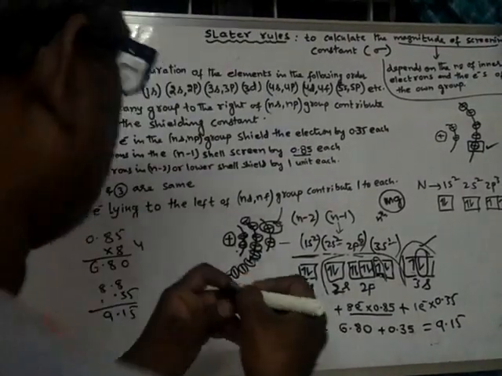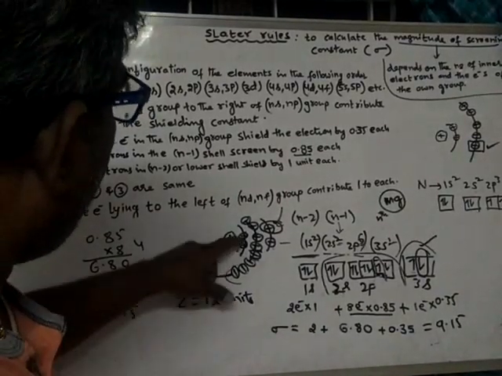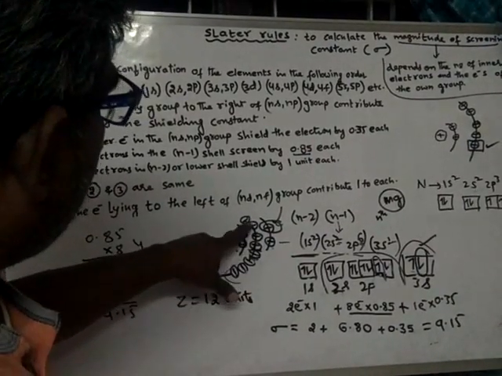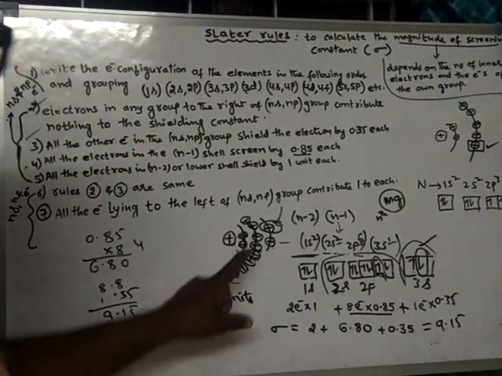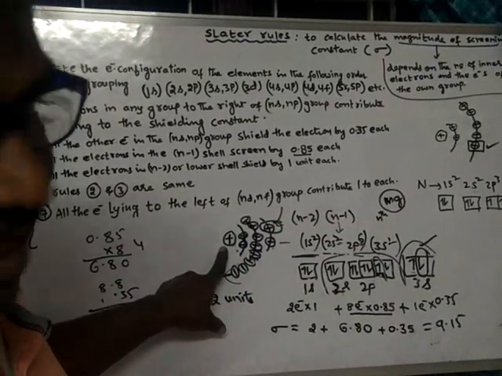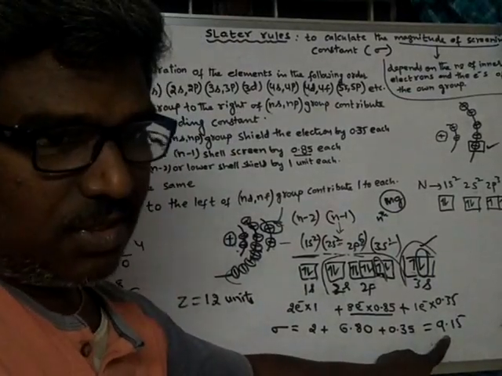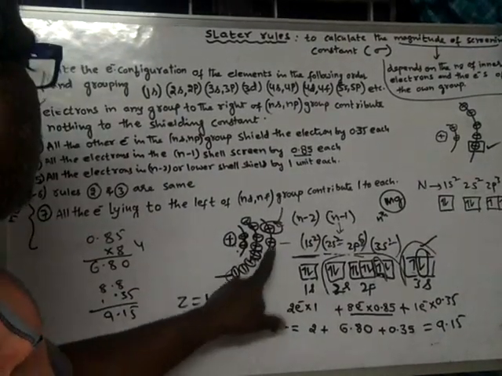All these electrons screen, or protect, this electron from the nucleus by reducing the force of attraction by this many units. That means this many units of force of attraction are reduced by these electrons.